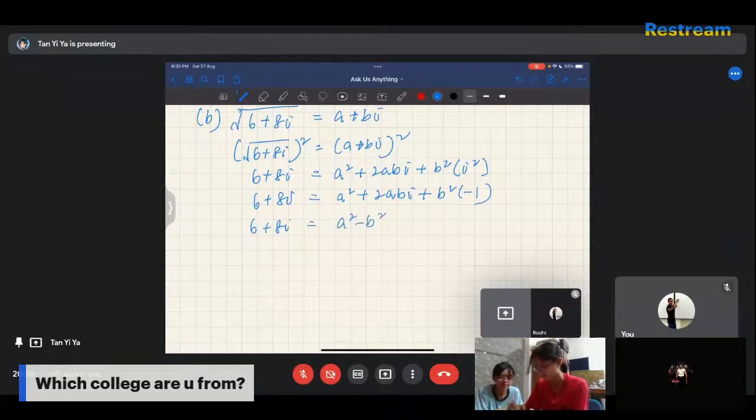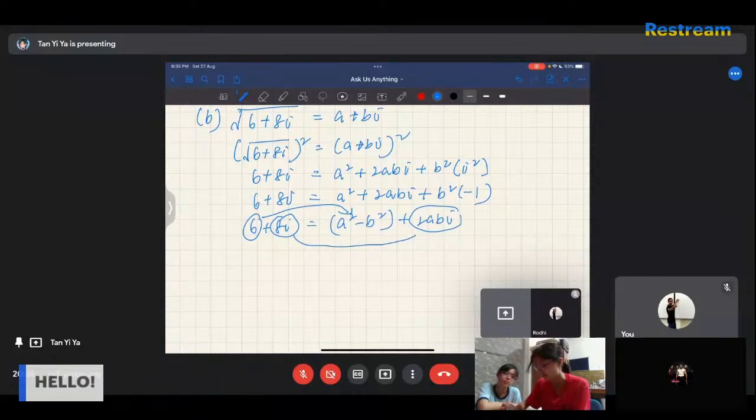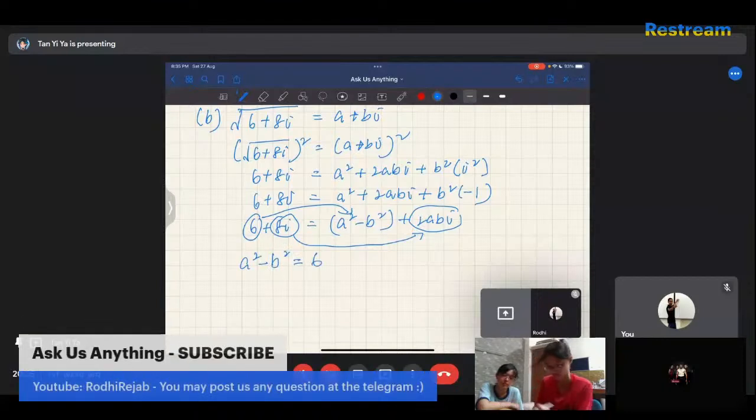To balance both sides of the equation, 6 is equals to a squared minus b squared. This is the real part, and this is also the real part, so we can compare both. It will be 6. So we can save this as equation 1.